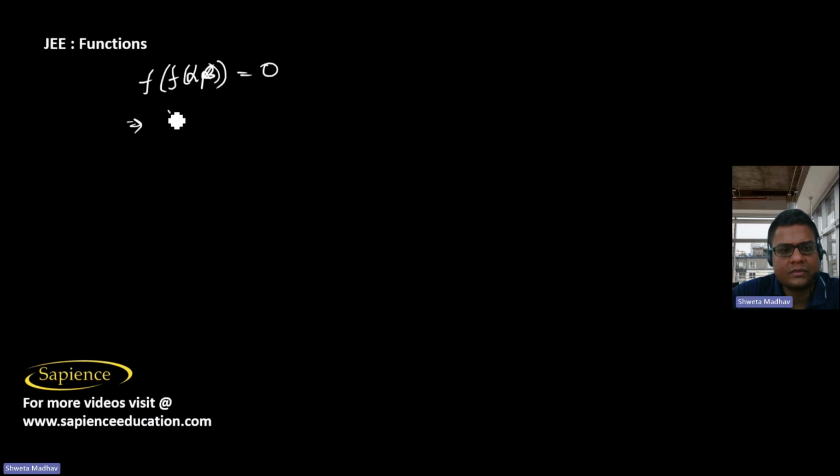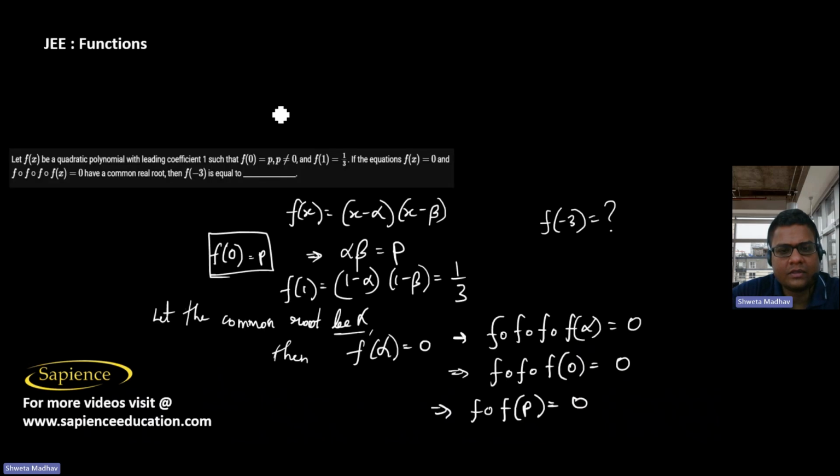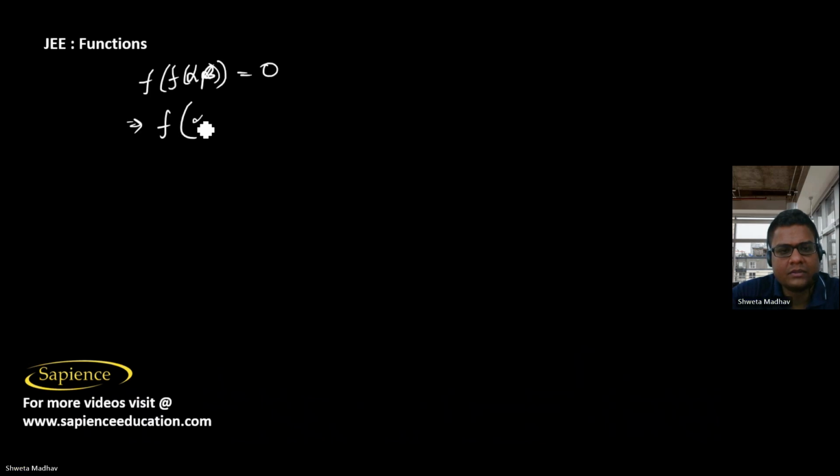So f of alpha beta will be equal to alpha beta minus alpha into alpha beta minus beta.